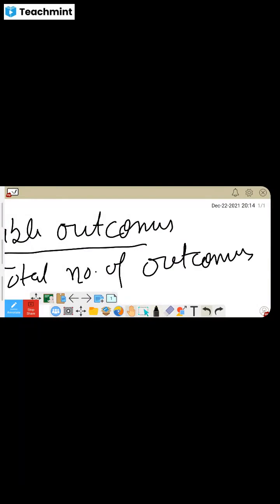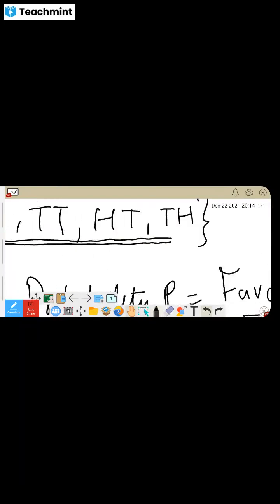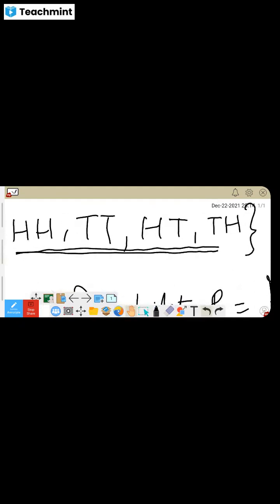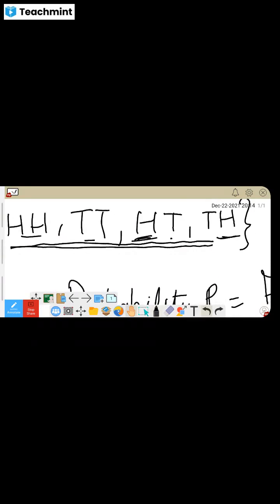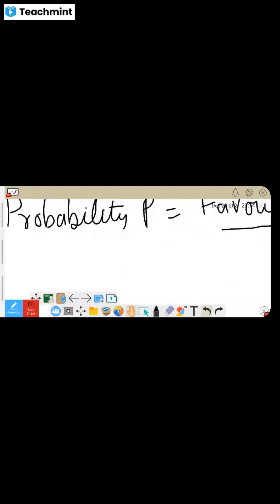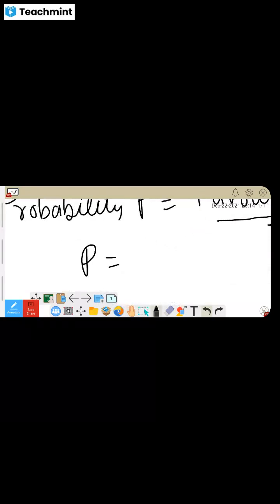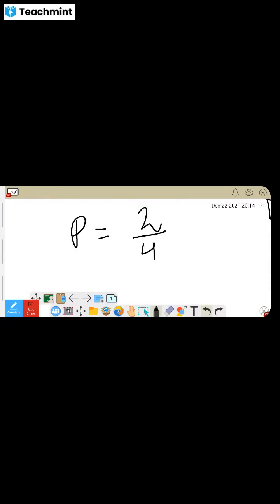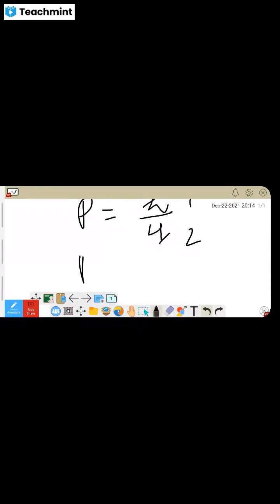Like if we have to find the probability of getting one head in this case, we have two favorable outcomes and total outcomes are 4. So P is equal to 2 by 4, so probability will be 1 by 2.